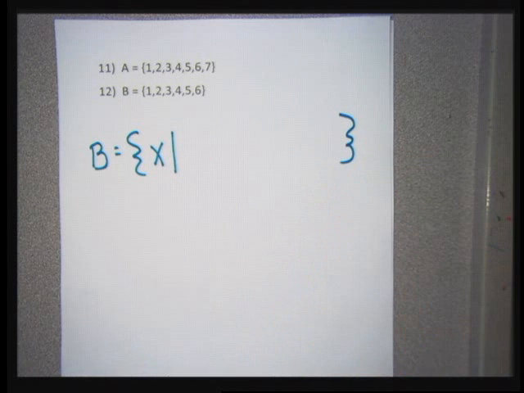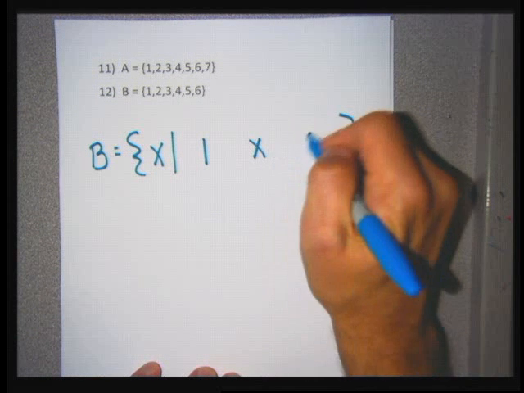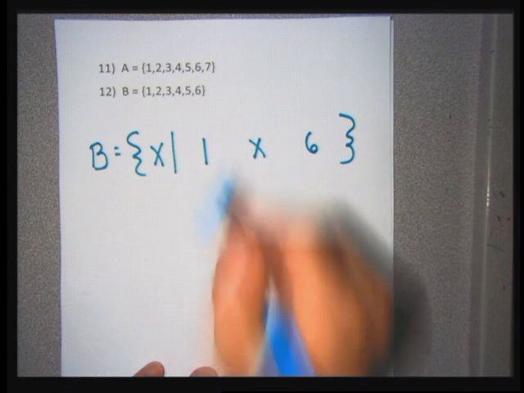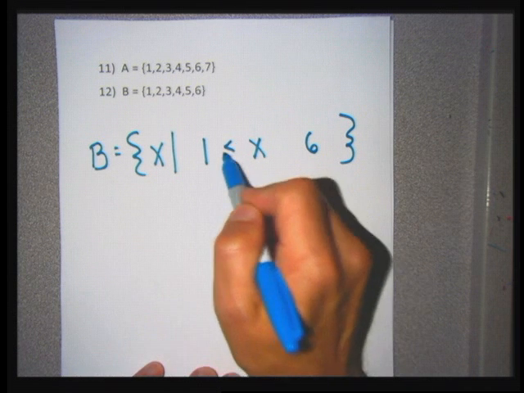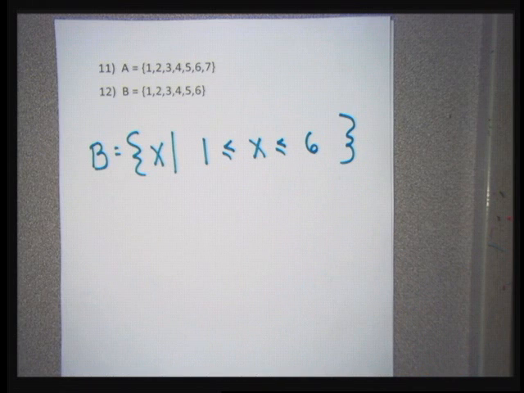So when I go to do number 12, or when you go to do number 11, I'm going to write B equals, you're going to write A equals, use the set builder form, and then after the set builder form, I'm going to put my x between the first and the last number, and if I want those numbers to be included, I put or equal to signs. And always when I write x between two numbers, I write less than signs. So this would be a perfectly correct way to do part B.